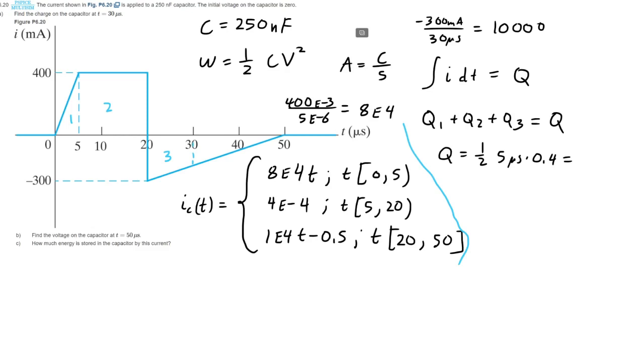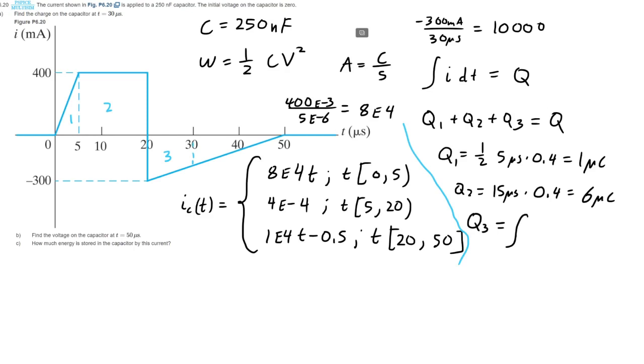That's going to be 1 microcoulomb. Q2 is going to be 15 microseconds times 0.4, so 6 microcoulombs.